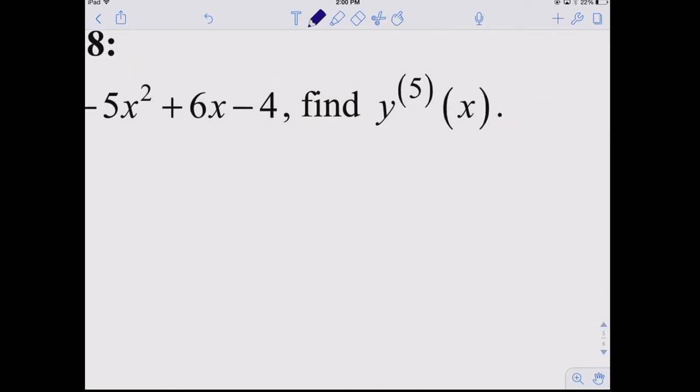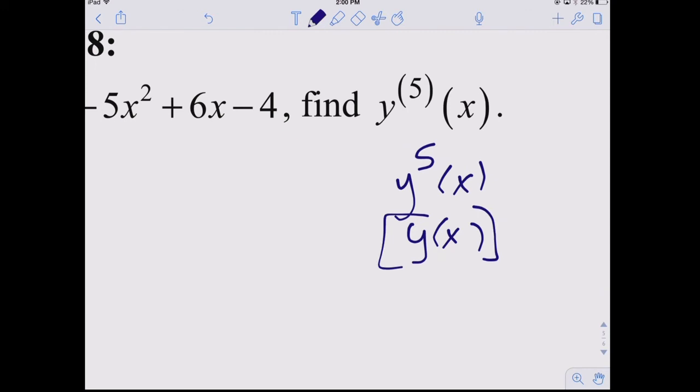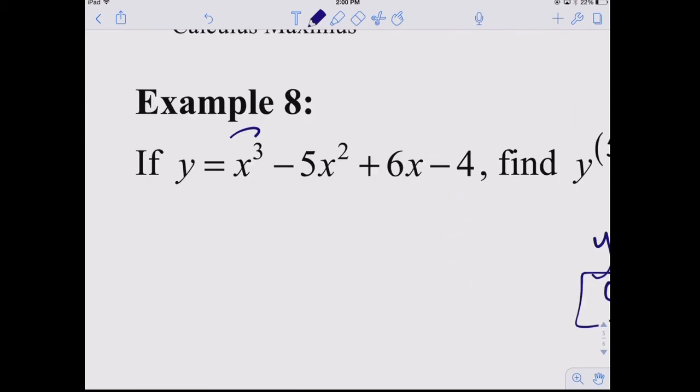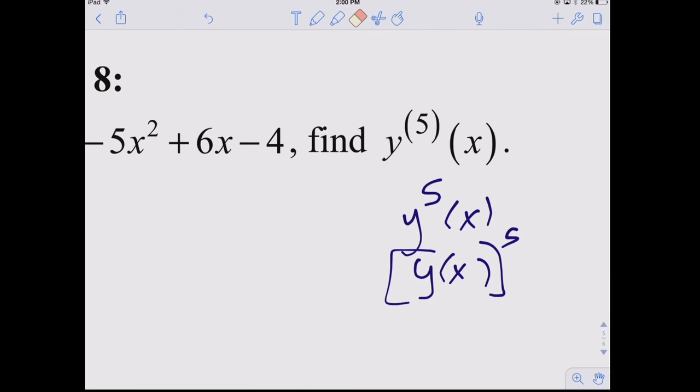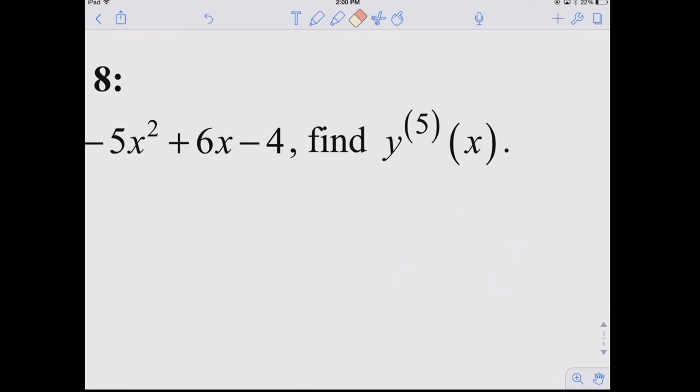And again, you'd have to be careful because if it just said find this, that's the same as the whole function raised to the fifth power. That would be like putting parentheses around here and raising it to the fifth power. And if you expected me to expand that, I'm going to show a little resistance because that's going to take a while, yeah? So, very important to understand what it's asking. It is the fifth derivative.